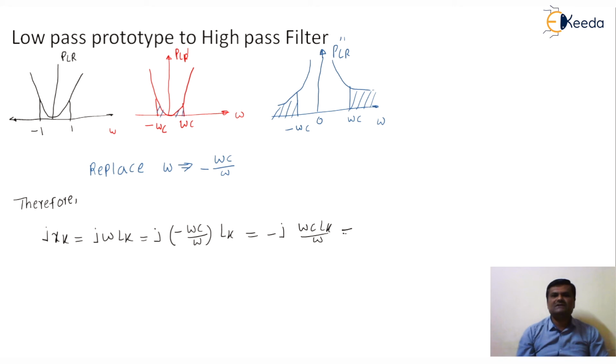So 1 upon minus j becomes 1 divided by j omega Ck dash, where Ck dash becomes equal to 1 upon omega c Lk.